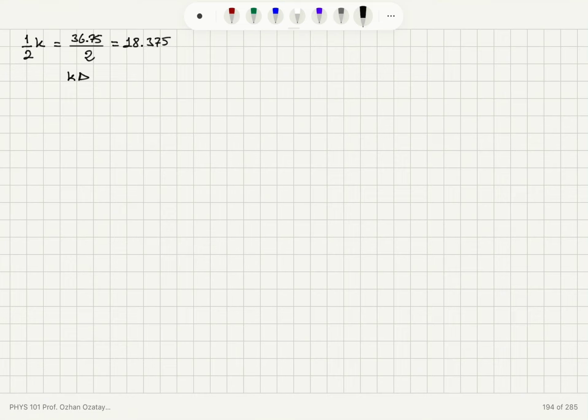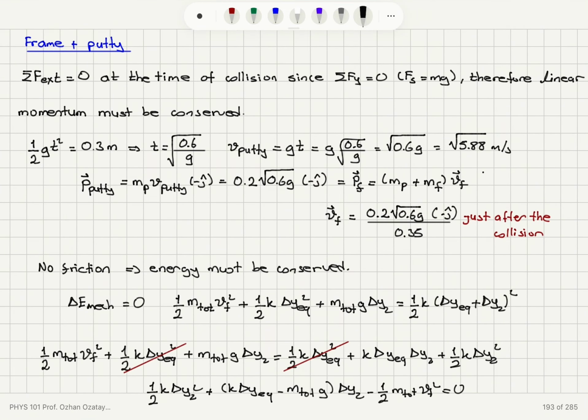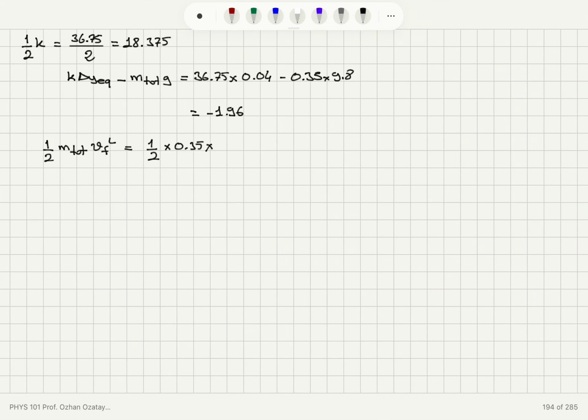The term k delta y equilibrium minus m total g is 36.75 times equilibrium stretch 0.04 meters minus total mass 0.35 kilograms times 9.8, and this term is minus 1.96, and where I see 1 over 2 m total v final square, this is 1 over 2 times 0.35 times v final square. So what was v final?